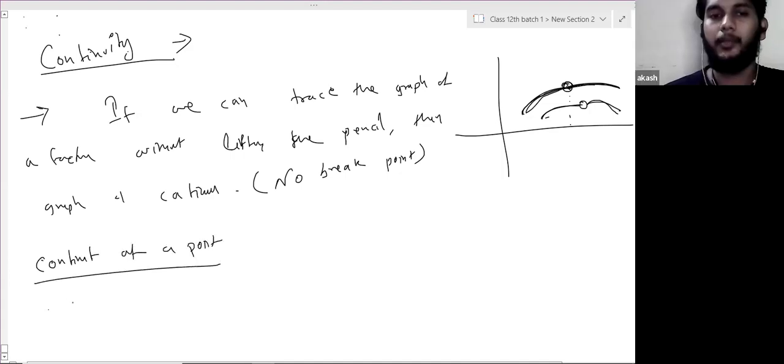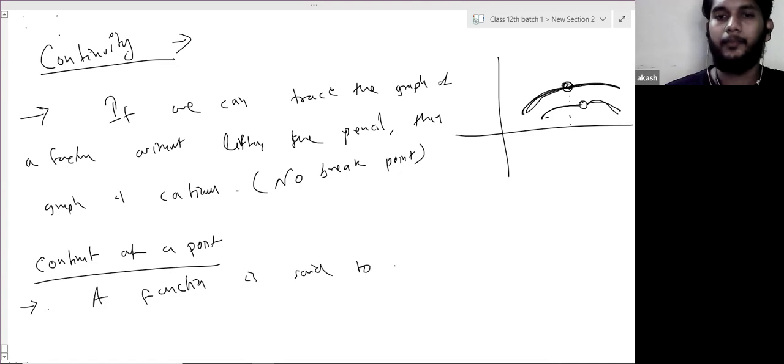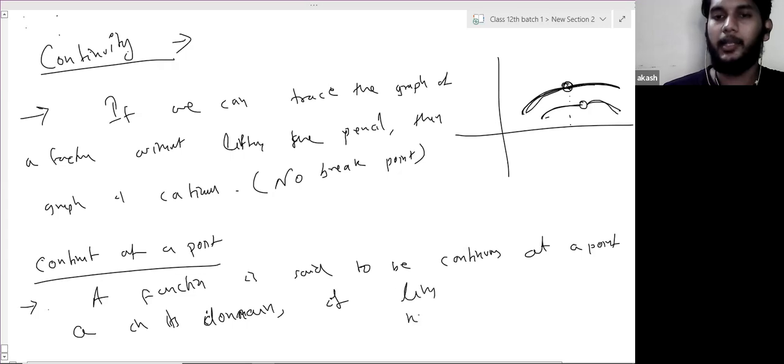So how to find continuity at a point? The function is said to be continuous at a point a in its domain if limit x tending to a of f of x equals f of a.